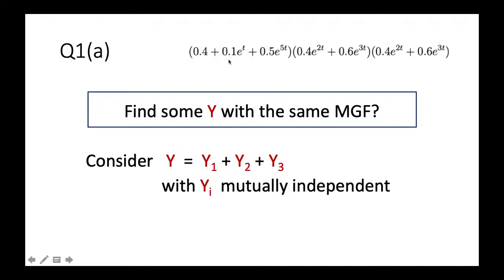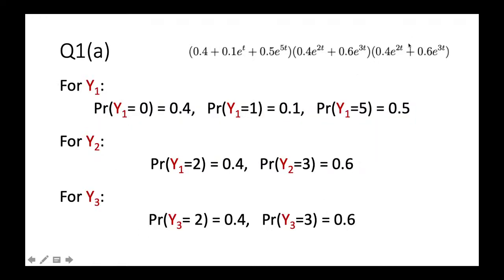It is always some constant multiplied by e to the power of some other constant times t, and the constant coefficients add up to 1 in each case. So we can view each as a moment generating function for some random variable.